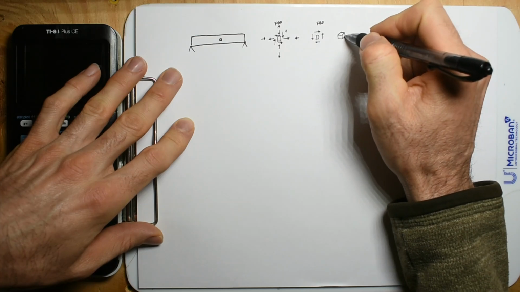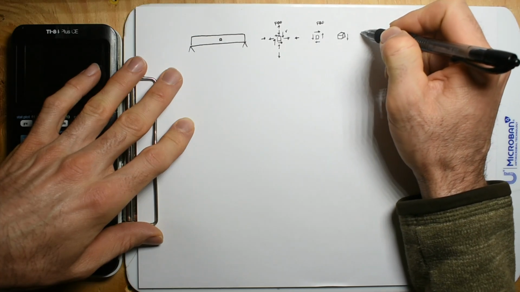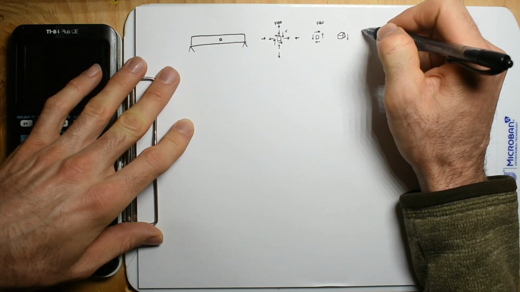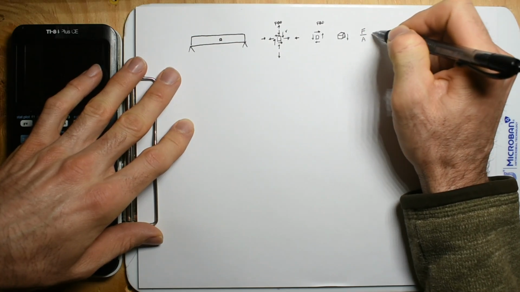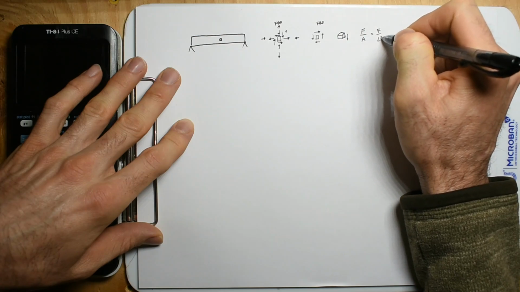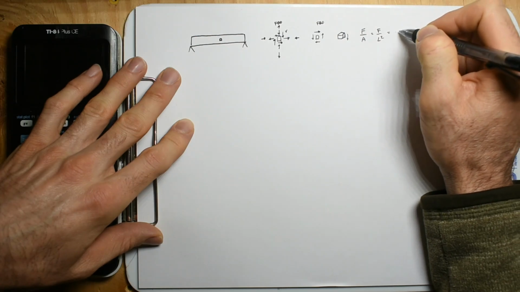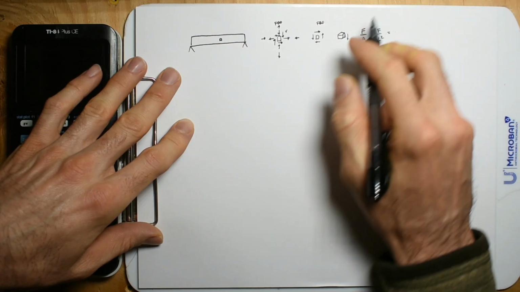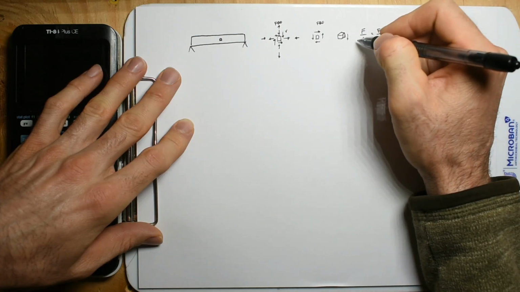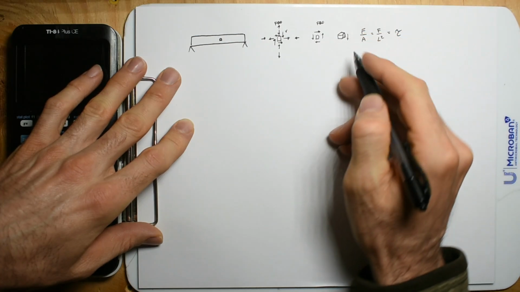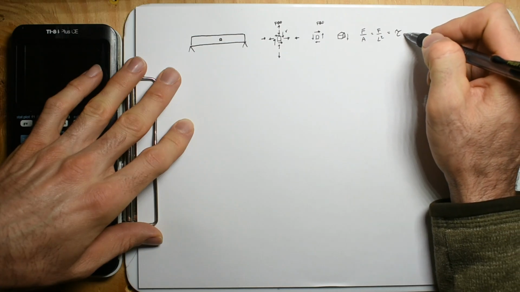And so if we have a force on this face, I'm going to associate that with a pressure. So force divided by the area, that's going to be a force per length squared. And for this it would be tau, the shear stress.